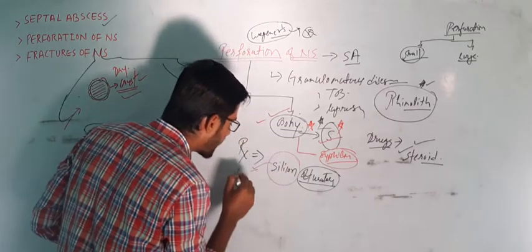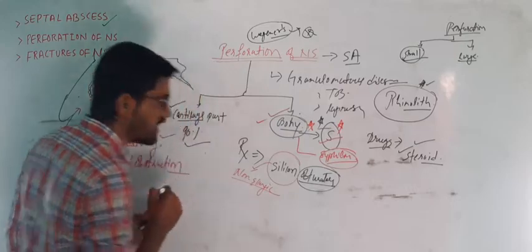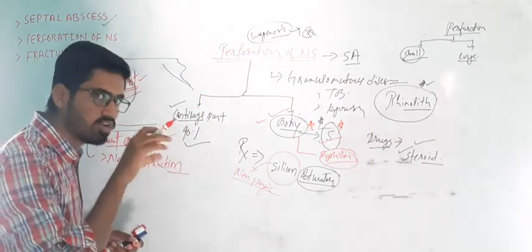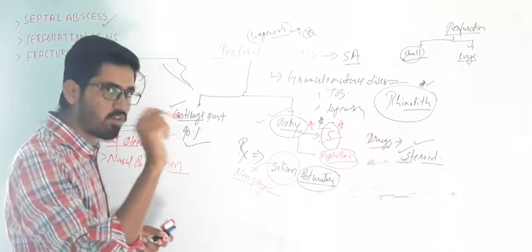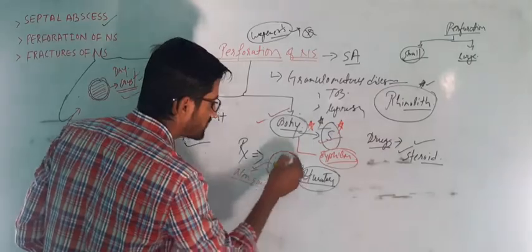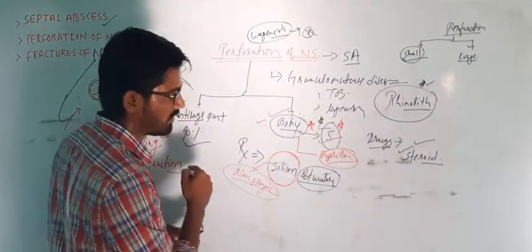Because it is a non-allergic material. Whenever we put anything in our body, an allergic reaction can happen, but if we put silicone, nothing will happen, because it is non-allergic.